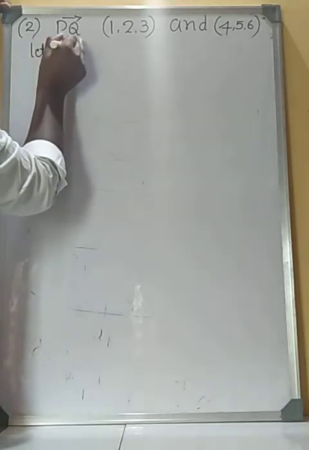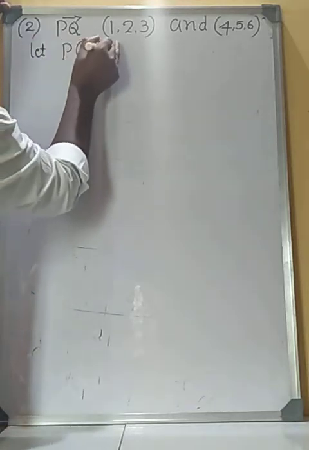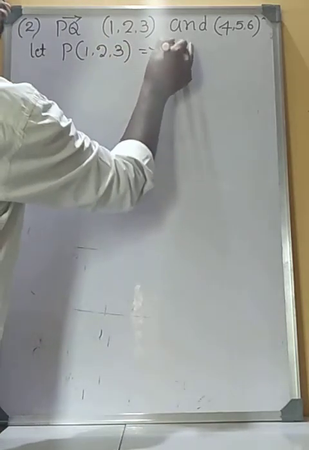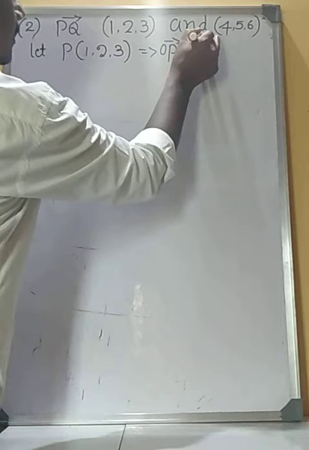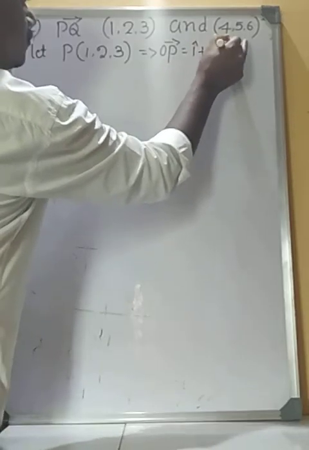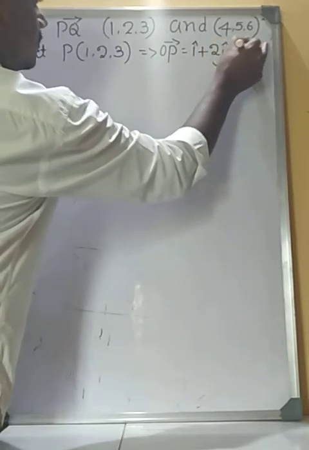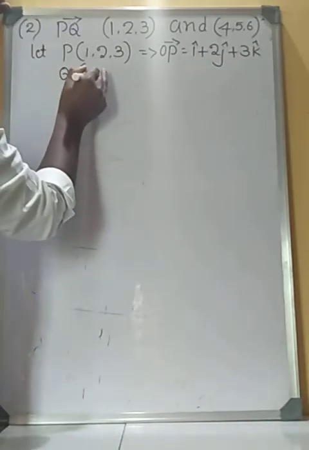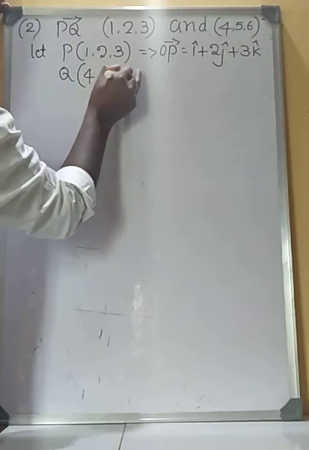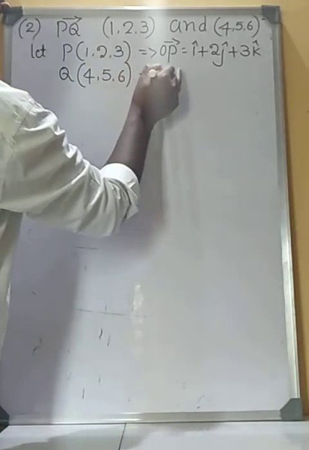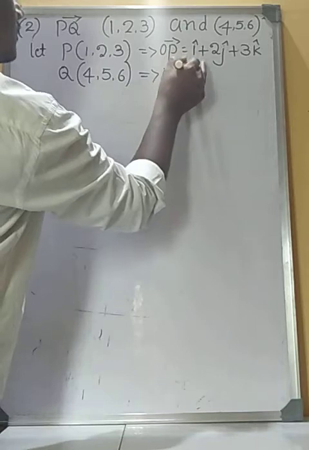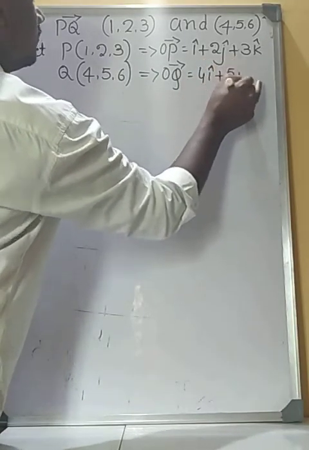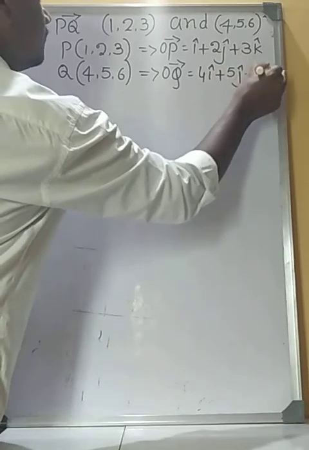Here let P be 1, 2, 3. This implies OP vector is equal to i plus 2j plus 3k, and Q is 4, 5, 6. This implies OQ vector is equal to 4i plus 5j plus 6k.